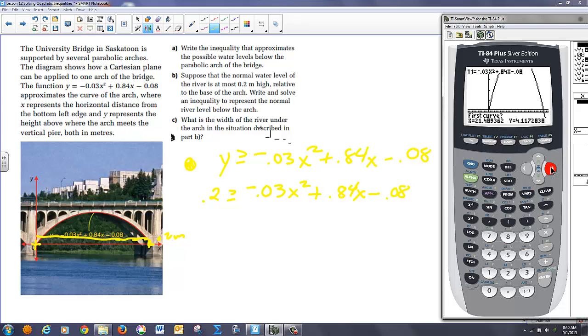And it looks like it's right there, so I'm going to hit enter 3 times. And that's going to happen at roughly, well, maybe it's not going to happen. Let's try it again. Intersect. 1, 2, 3. At 27.66.